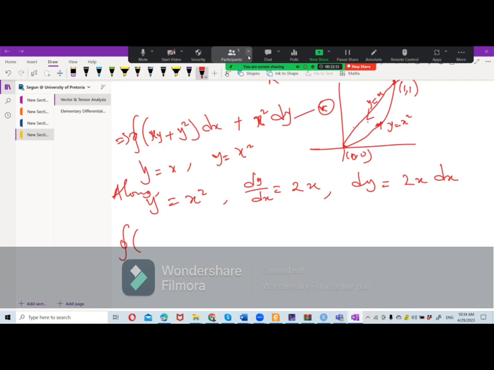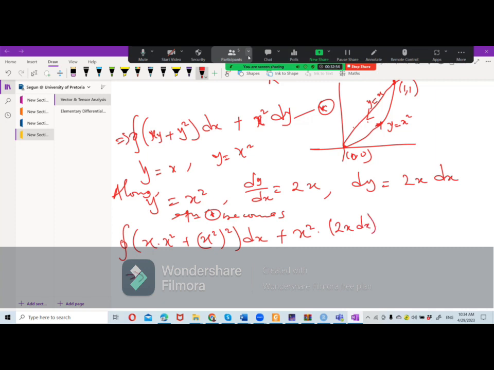The equation star becomes x times x squared plus (x squared) all squared, and then dy is 2x dx. I hope you are getting it.